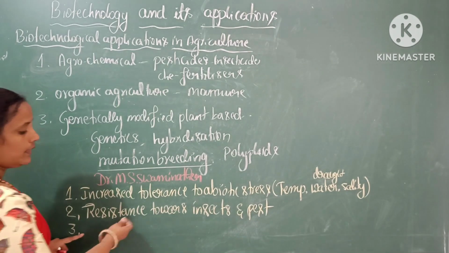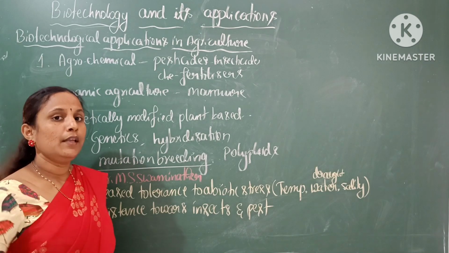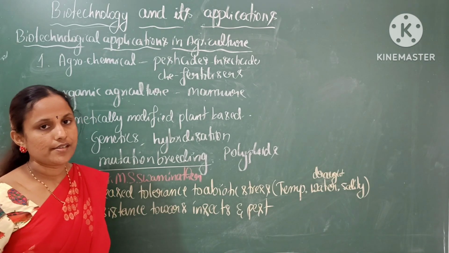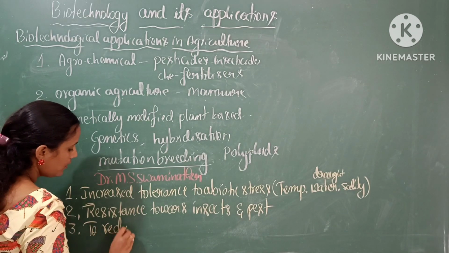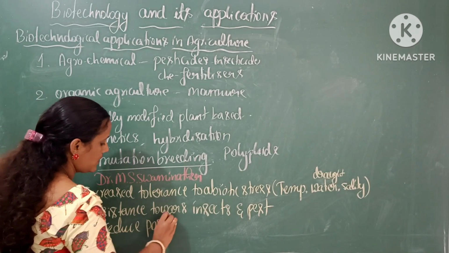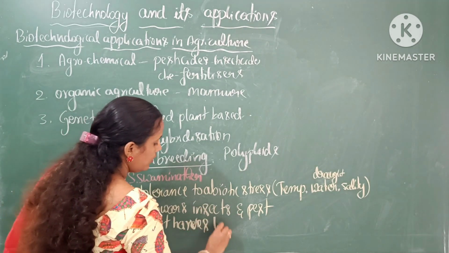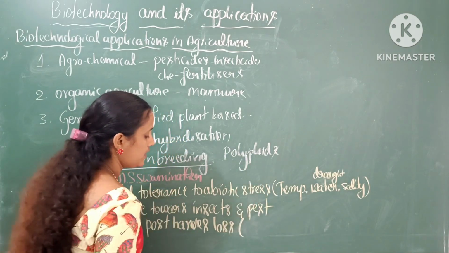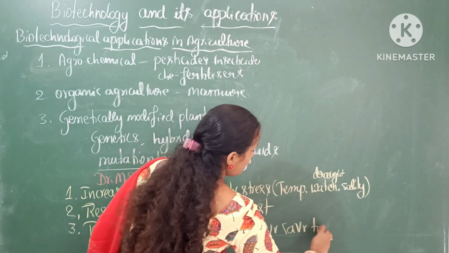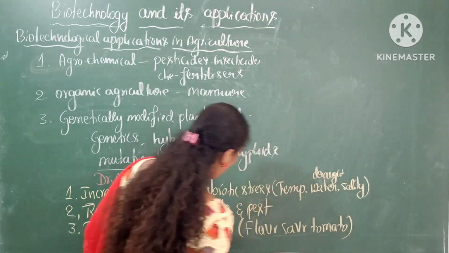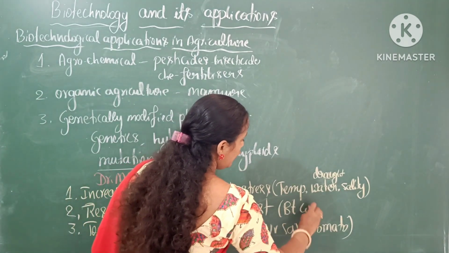Third, if we follow this procedure, then we can reduce the use of chemical fertilizers and insecticides, and reduce post-harvest losses. The best example for this is the production of Flavr Savr tomato, and for insect pest resistant plants, the example is BT cotton.